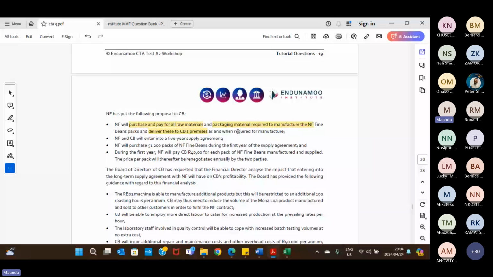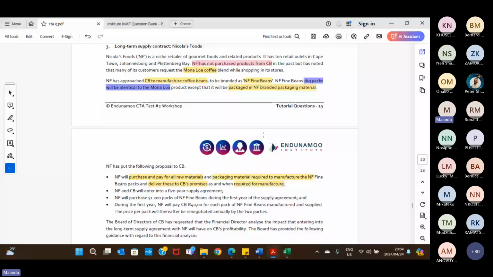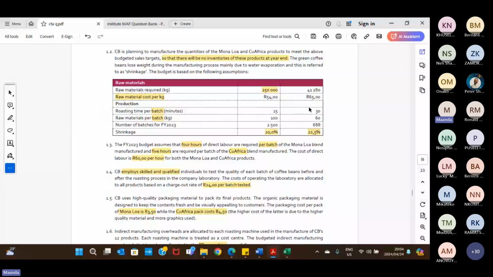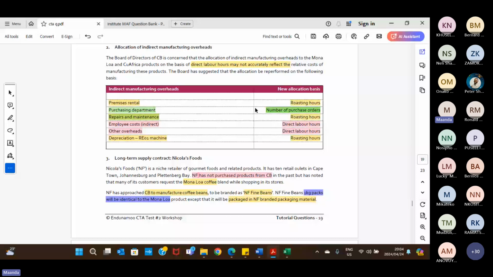So what they're saying is, I know you also purchase these materials, these are your costs. So I don't want you to worry about manufacturing and also worry about getting the raw materials. I will save you this cost. I will buy the materials and deliver them to you.